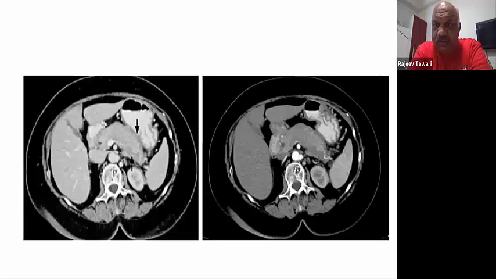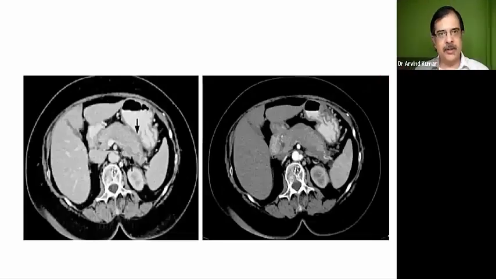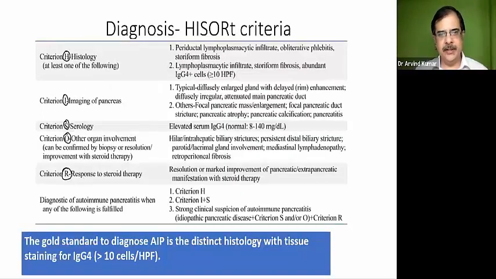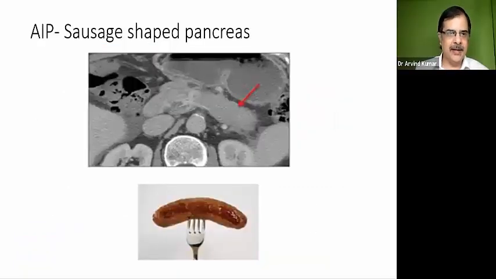Dr. Arvind, please. Yeah. So after making the diagnosis, as Dr. Tewari said, it is the HISORt criteria, and the gold standard is histology with staining for IgG4, but that is uncommonly needed. So what is the treatment of this autoimmune pancreatitis?